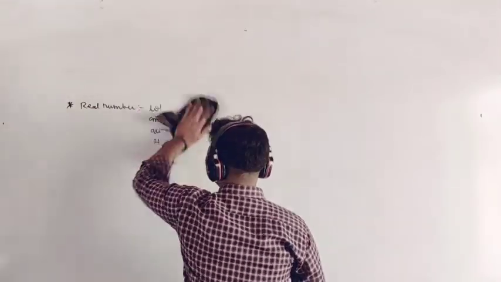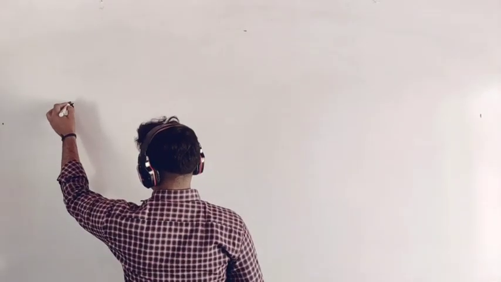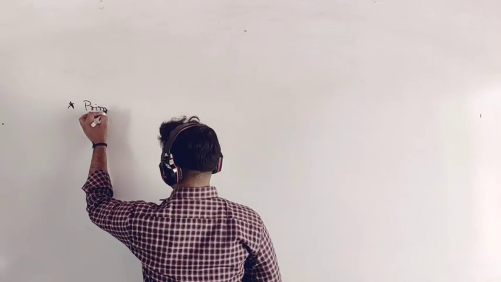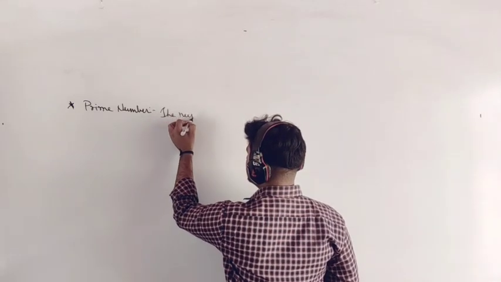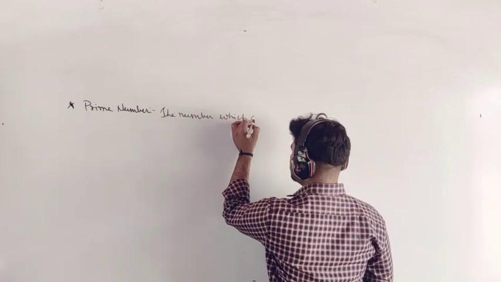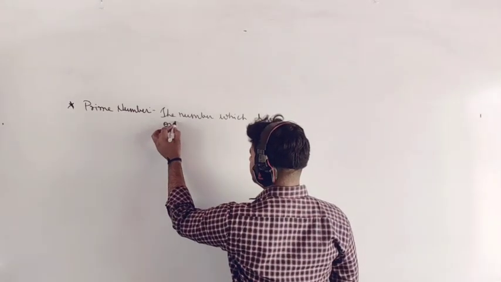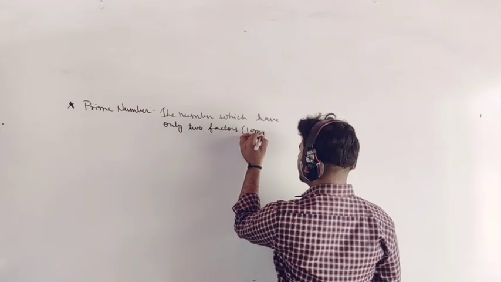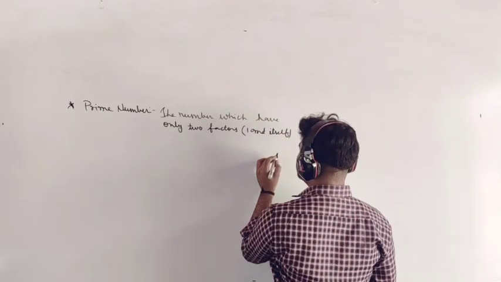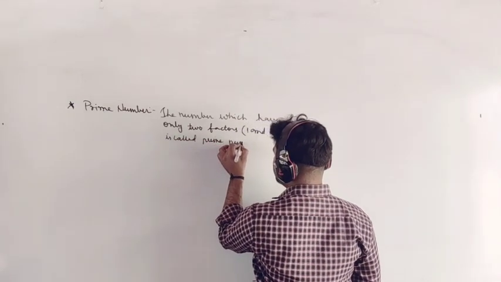The number which has only two factors, one and itself, is called a prime number. It's called prime number.